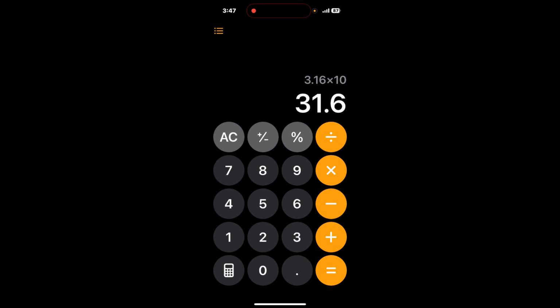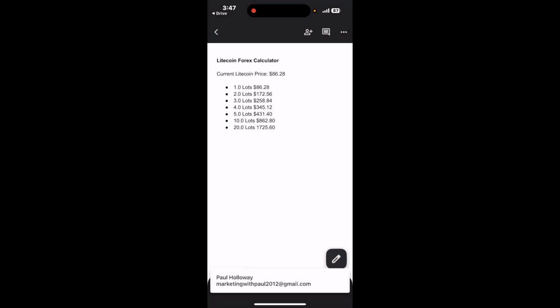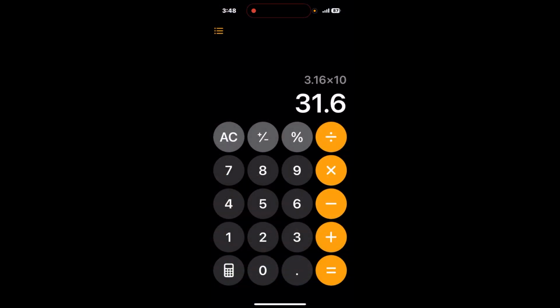This is when you start to notice it. With Litecoin being around $86, doing it at 10.0 lots, 10x, you have to have an account of about $862. At a 10x, you'll be making $31.